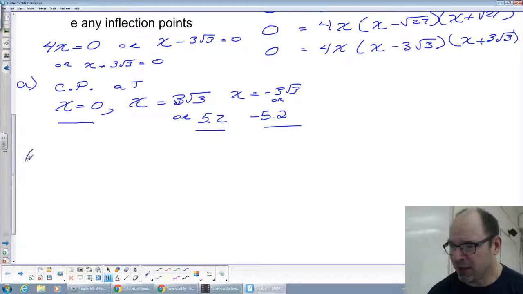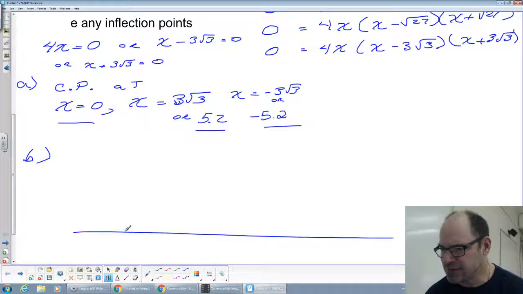B, for areas of increase and decrease, if I draw my number line, I have my negative 5.2 or 3 root 3, my 0, and my positive 5.2 or 3 root 3.